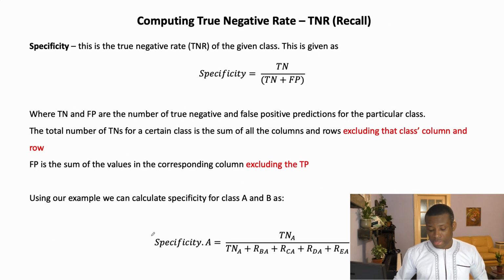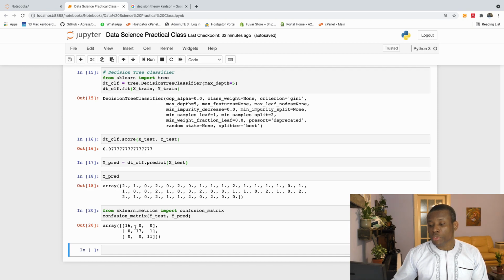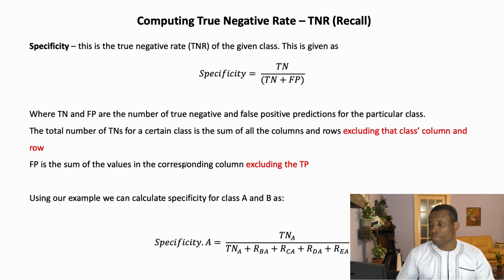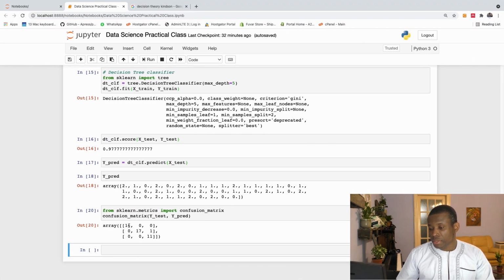This is very important, so let me talk about it a little bit. If we go back to our classifier, the total number predicted is 150, and the total number of correct predictions is 16 plus 17 plus 11, that is 44. So 44 were predicted correctly and 1 was predicted wrongly.